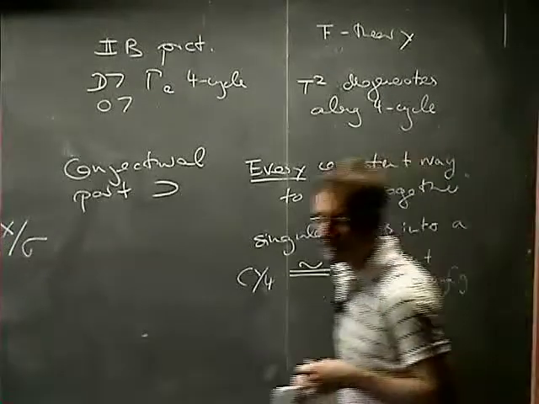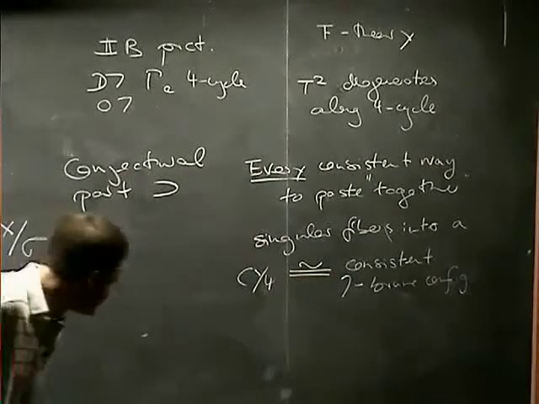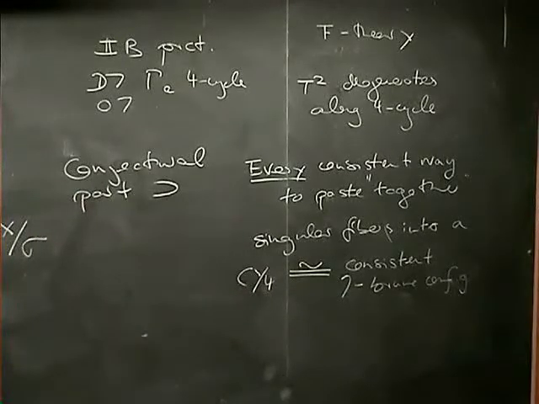And this is, of course, a big step to make. But once one buys this, then the problem really reduces to doing geometry. One can learn many things about the 7-branes which one would not learn just from a 2B perspective.